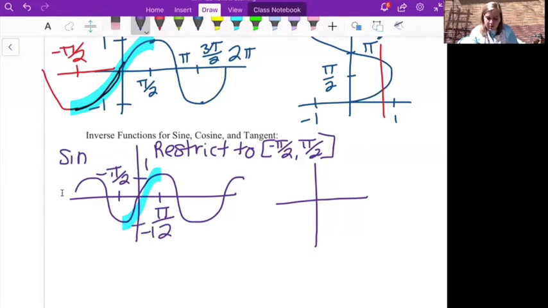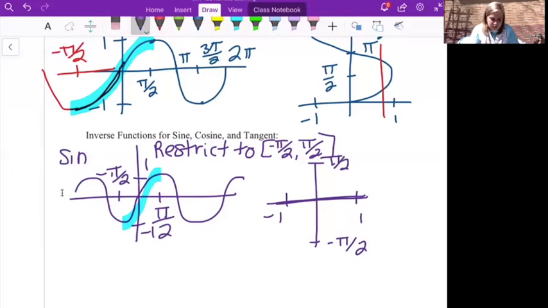So those now become our x values. Because we restricted it to be between negative pi over 2 to pi over 2, those are going to be our y values, negative pi over 2, pi over 2.